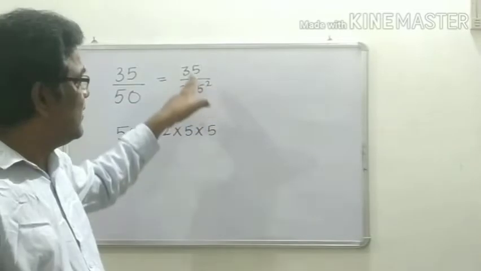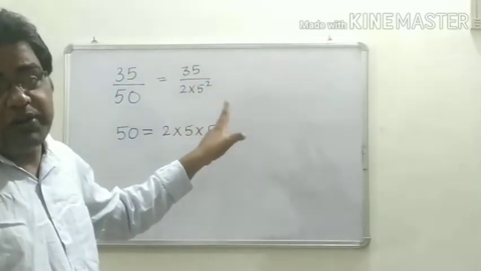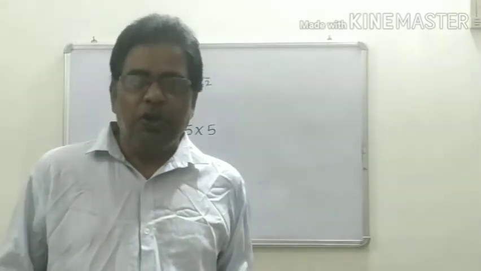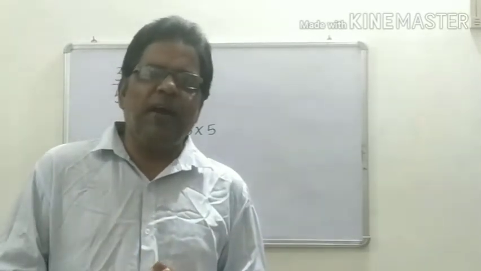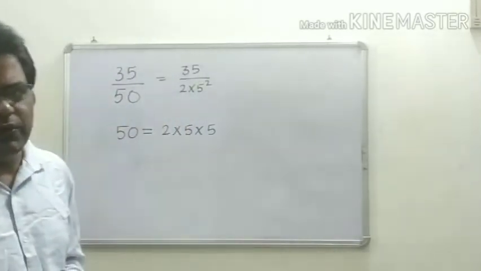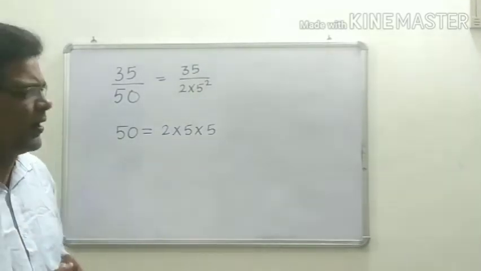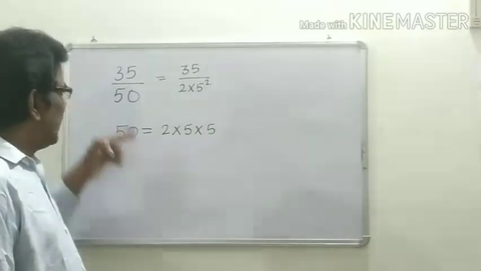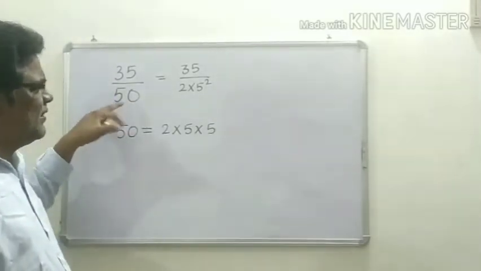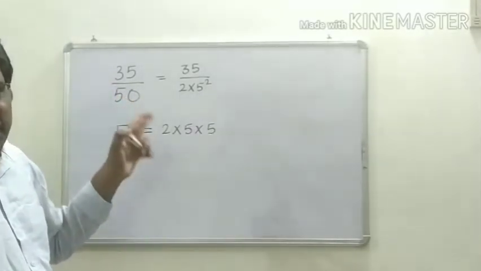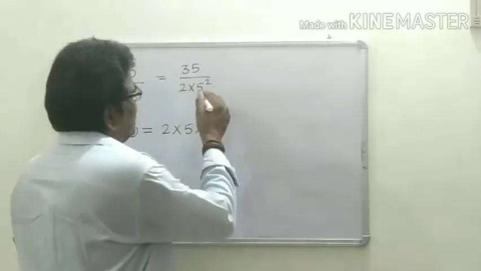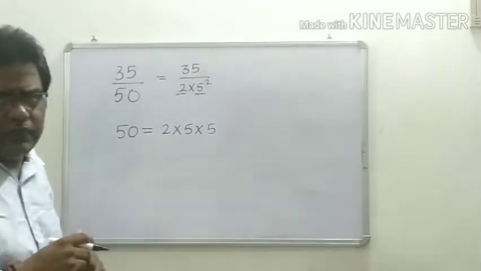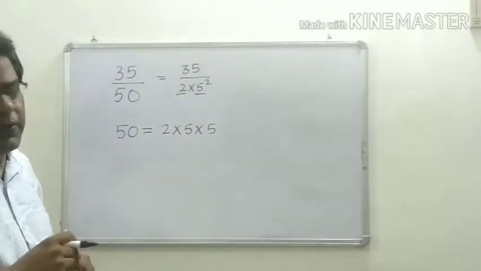So yes, this will be a terminating decimal. Now if you wish to find its answer in a simplified manner: if you divide this, it might take time. Instead of that, just make the powers of 2 and 5 the same by multiplying and dividing.